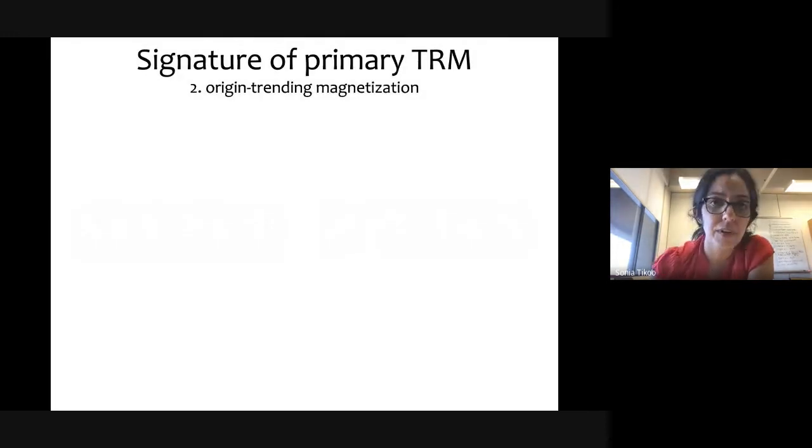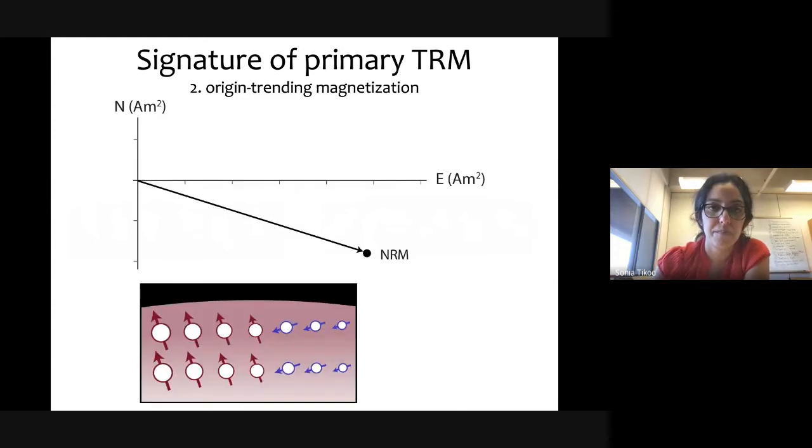The second thing that we're looking at is we want the magnetization vector to become origin trending when we do demagnetization experiments. What does that mean? Whenever you have a rock in nature, the rock contains a bunch of different magnetic grains inside it. And some of these grains, which I show in red, are beefy magnetic grains that are resistant to being reset by secondary effects or secondary magnetic contamination.